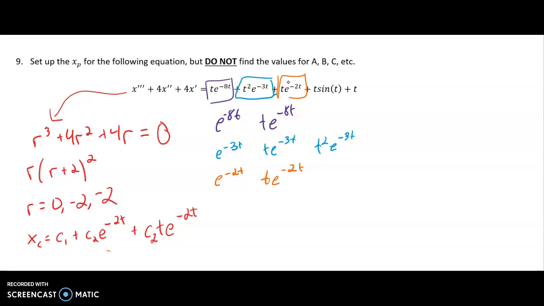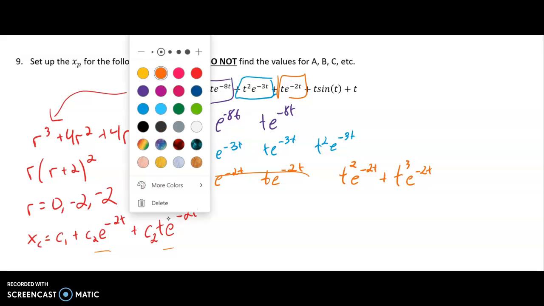But you can see those two show up right here, so I need to bump those up so that they start after the end of this one. So that's not going to work. I need to take an e to the -2t and another e to the -2t, but I can't have them be linearly dependent on these two. So the first one is going to be a t squared, because t squared is one power above this right here. And for the next one, I just go up one more, and that gives me a t cubed.